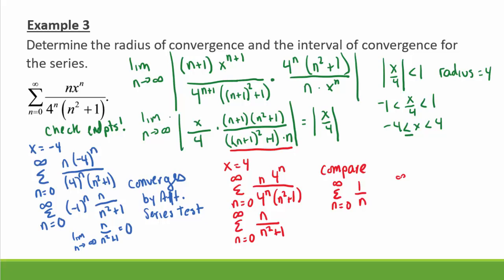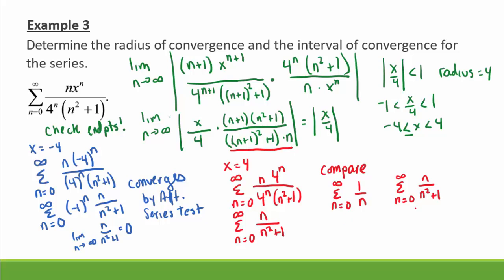And so I need to figure out which one's bigger. And honestly, if you want to plug in, I'm looking at this now, and I'm noticing that I have a 0 here.